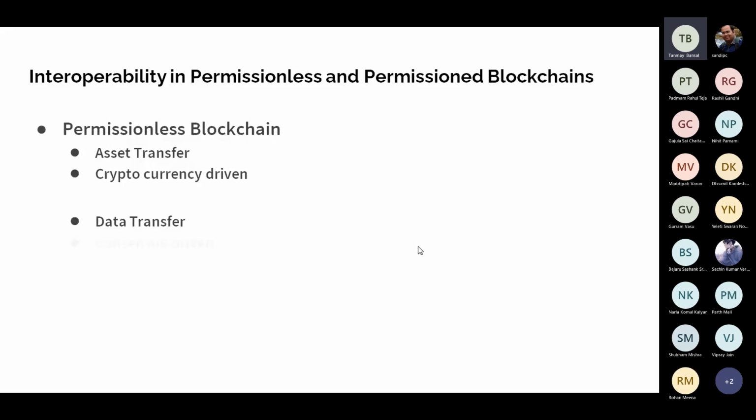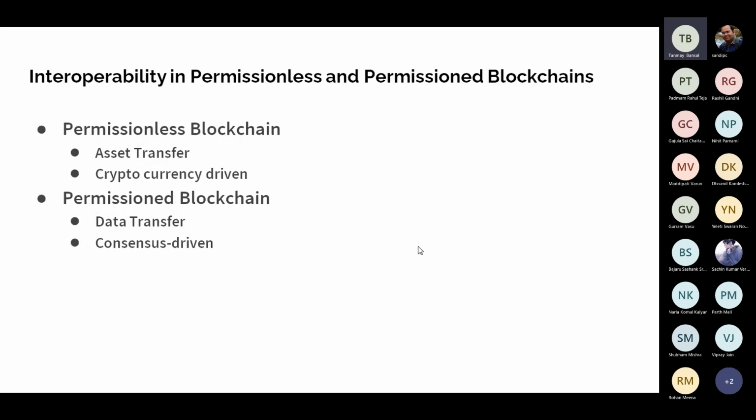In contrast, in permissioned blockchains, it is more about data transfer. Just to give you a simple example, suppose there is a blockchain for the boards, so they keep all the data about our board exams.